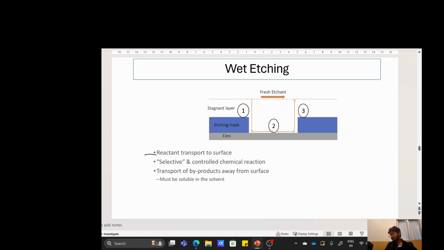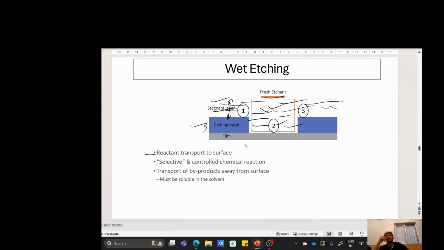Now this is the representation of wet etching. How does it happen? There is the etching mask, which is protecting the layer underneath, and there is the solution, which is the complete solution. During the etching, there is a stagnant layer in between these two.